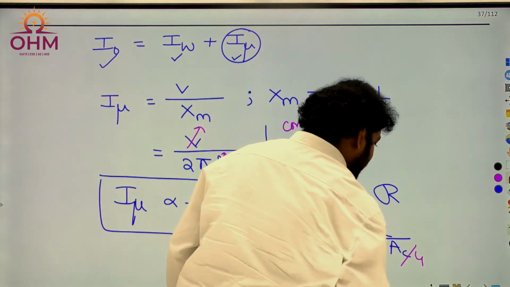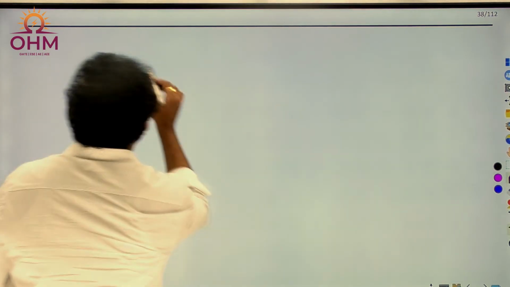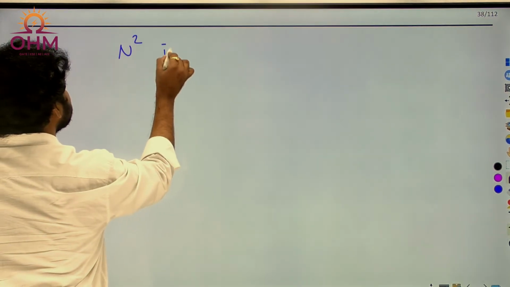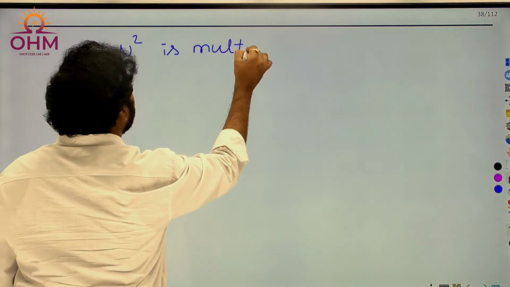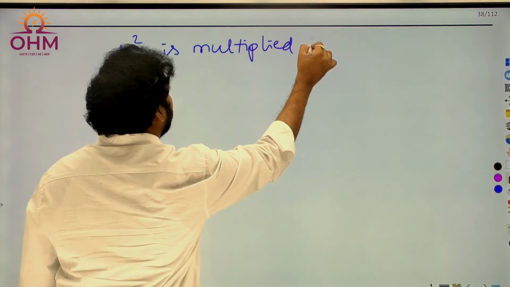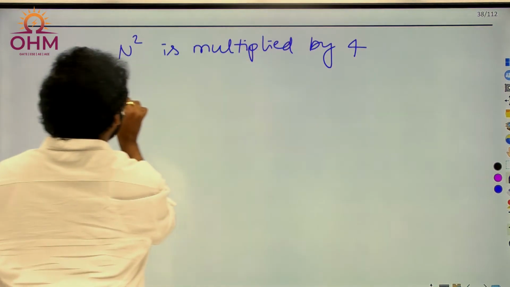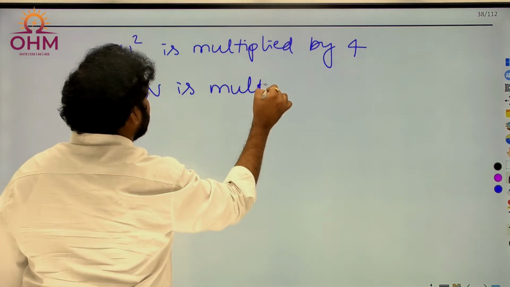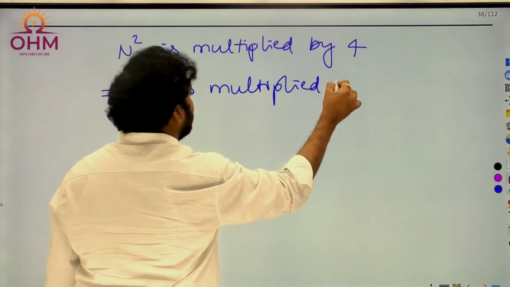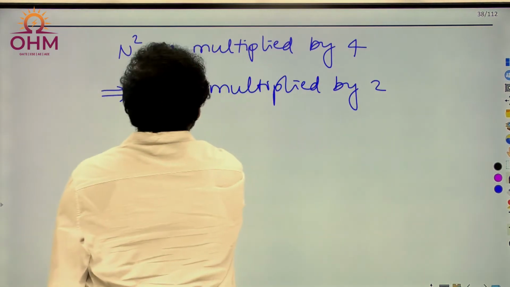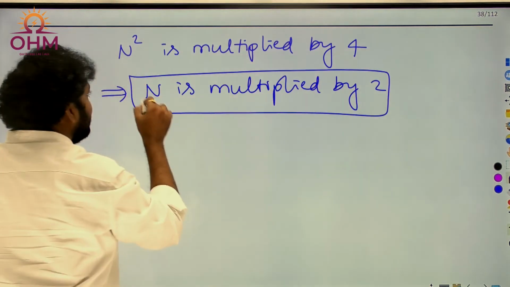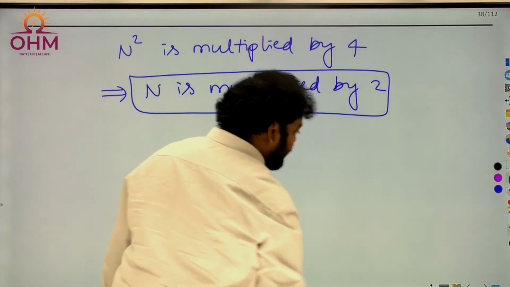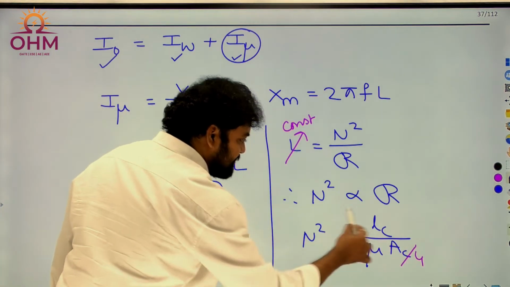Okay. So therefore, I can write n square is multiplied by 4. That implies n is multiplied by 2. So if n is multiplied by 2, n square is multiplied by 4, which is satisfying this relation.